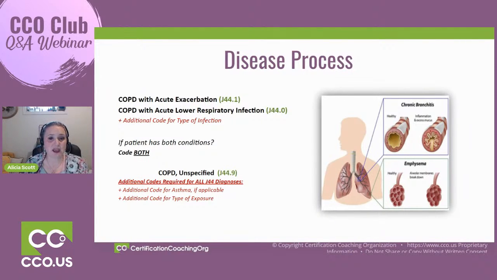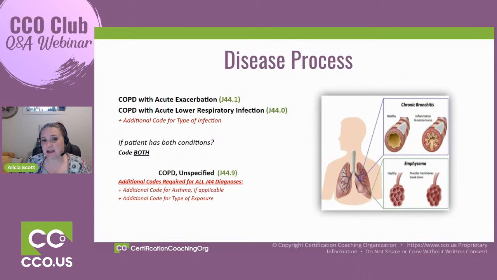And if they list a respiratory infection, they're probably going to identify what the infection is. They may not know right away, but you'll see in the documentation as you go along that they are running a test to see what the organism is. And once you find out, then you'd be able to add that code as well.